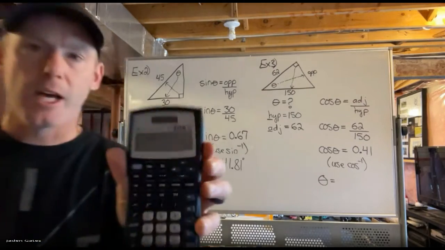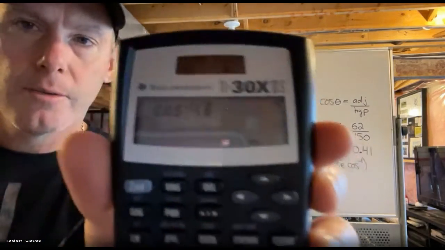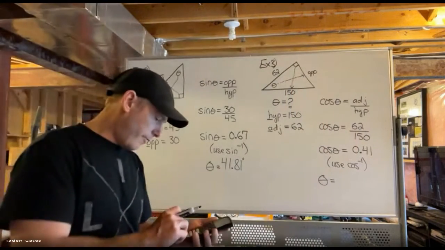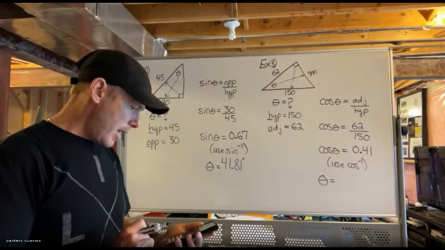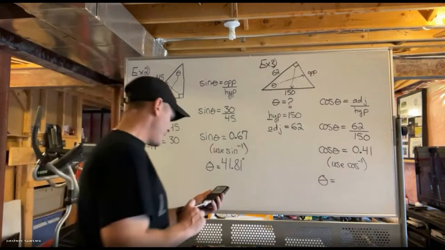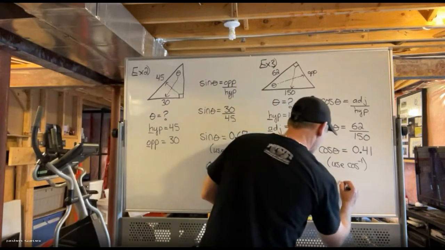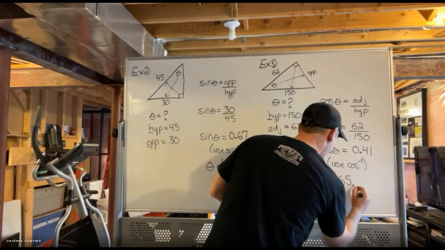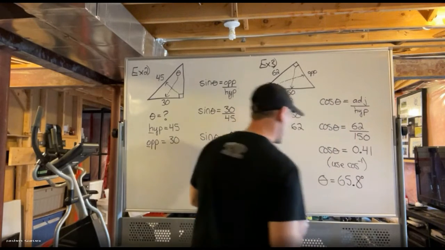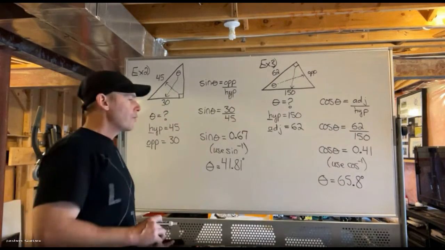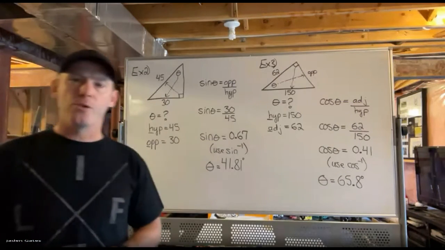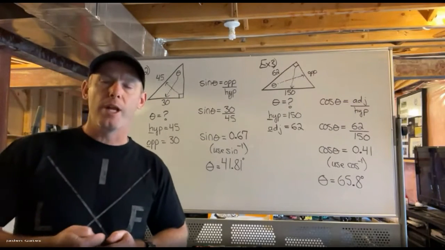I'm not sure if you can see that or not, but there it is. Then I put in the 0.41, and I ended up, to 2 decimal places, with 65.8 degrees.